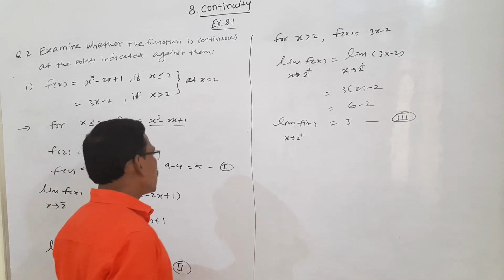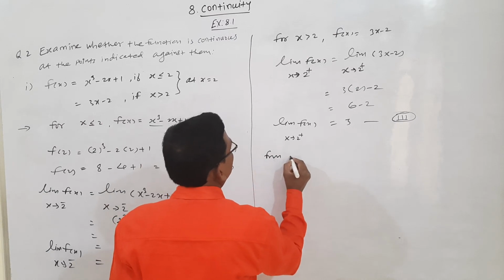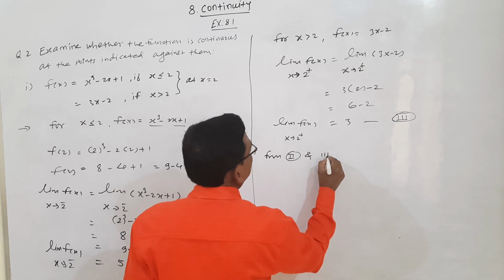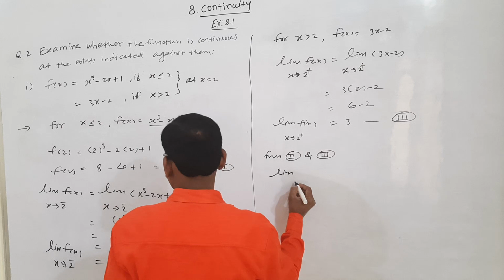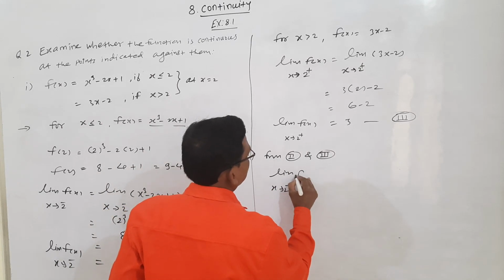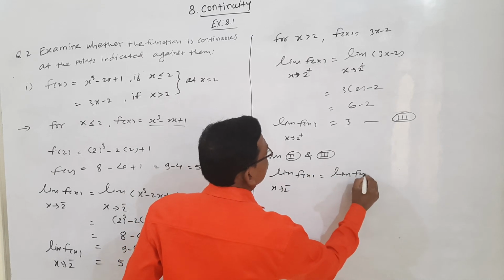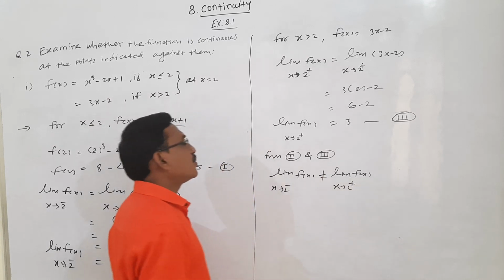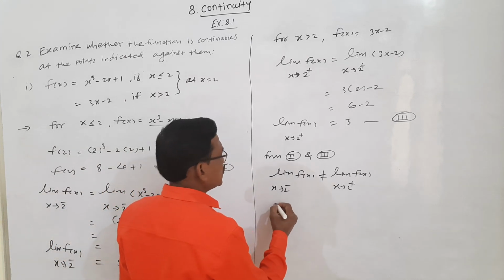From 2 and 3, left hand side limit is not equal to right hand side limit. And so therefore limit does not exist.